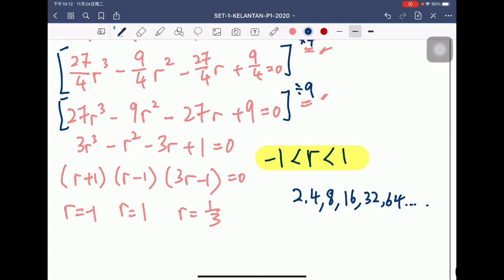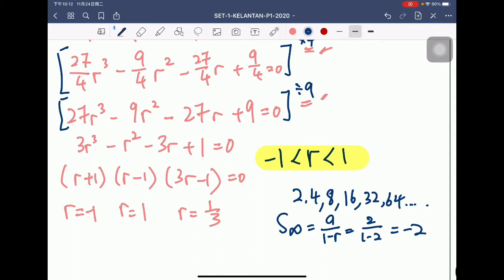No, because if you substitute into S infinity, a over 1 minus r, a here is 2 but r is also 2. So 1 minus 2 is -1, and the answer will be -2.